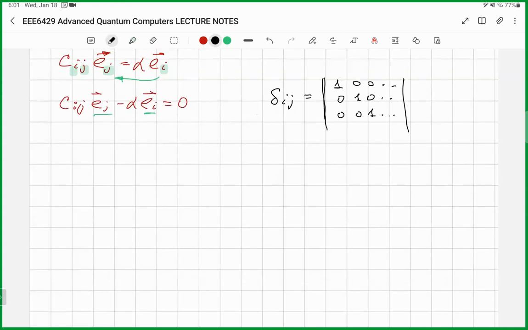And having this matrix, I can rewrite this alpha ei as a product of alpha delta ij times ej.